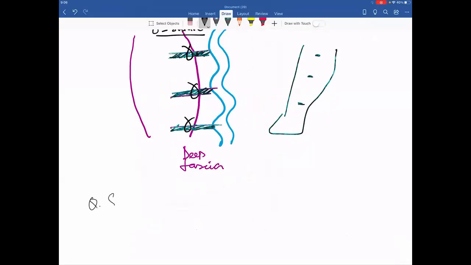Next question. What is sclerotherapy in varicose vein? As the name indicates, sclerotherapy is injection of irritant chemicals in the vein tributary.